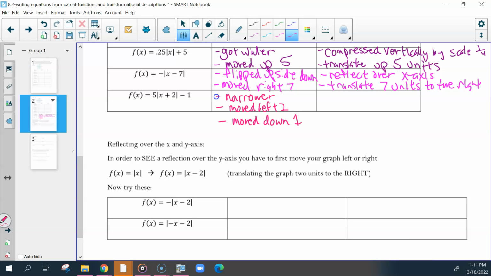So those rules would be stretch vertically by scale of 5. Translate 2 units to the left, and translate 1 unit down.